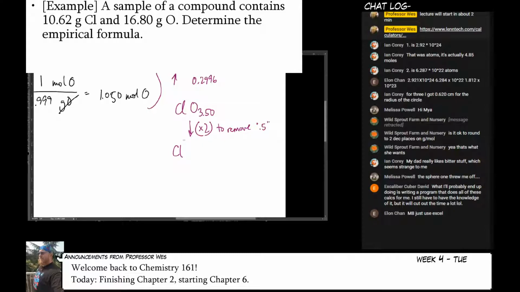Now you gotta multiply everything, so that means that Cl becomes Cl2. And O3.5 becomes O7. And there's the answer. That's the formula of this compound. Now it's an empirical formula, so the actual compound might be Cl4O14. Or it might be Cl6O21. It's impossible to know without more information.